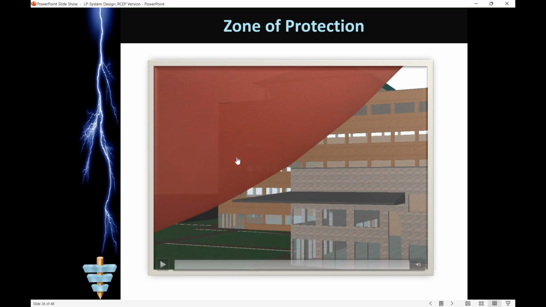Visually, the sphere is rolled up to the strike termination on the building that we can't see on this slide. So all this area in through here is in the zone of protection. What that means is this canopy, this lower building, does not have to have strike termination devices, and anything, air handlers, anything that would be on top of this structure would not have to be protected.